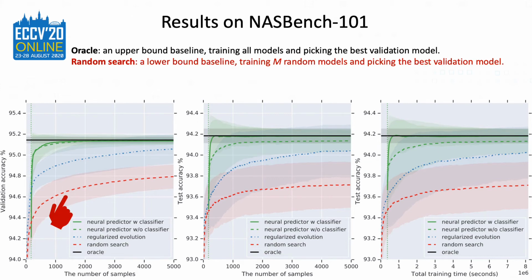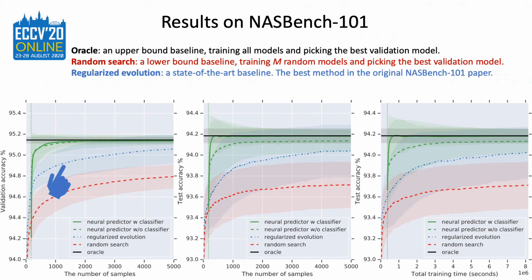The second baseline is random search, which is a lower bound that any new method should compare with. In this baseline, we train some random models and pick the best validation model. The last baseline is regularized evolution, the best method in the original NASBench 101 paper.